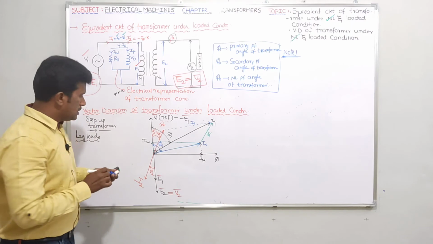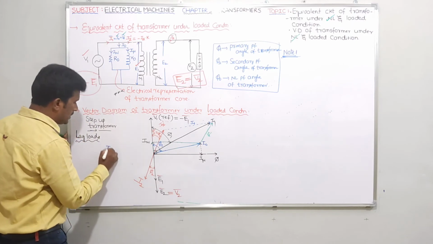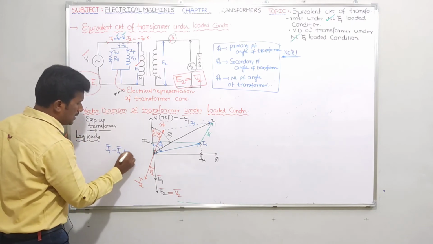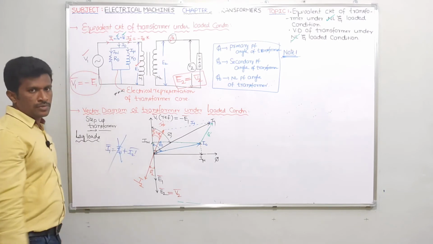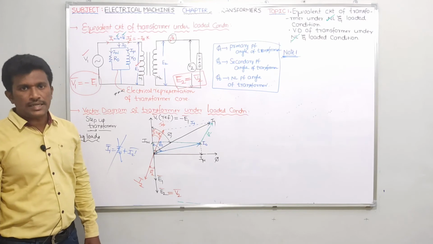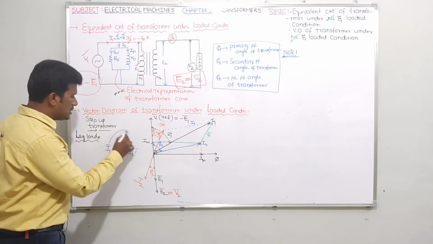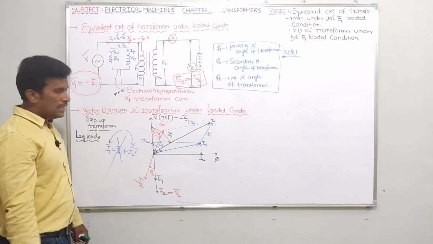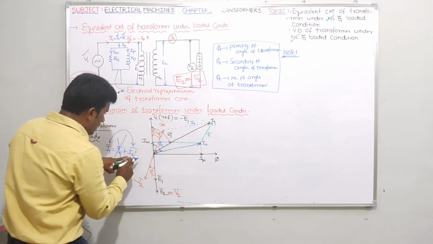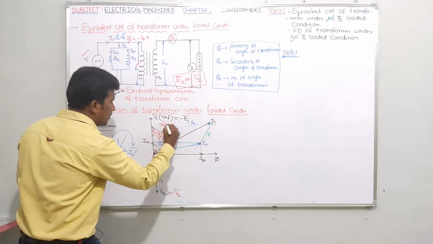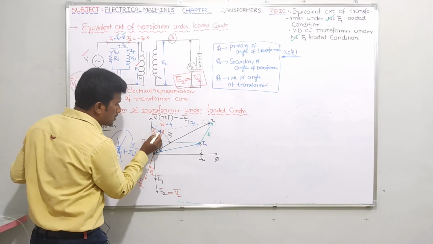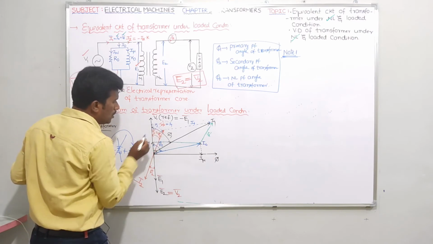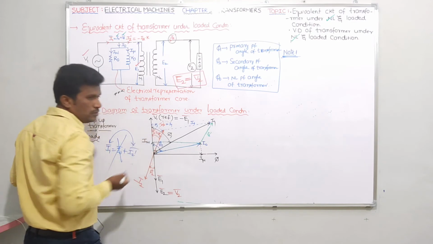Very simple thing. You know, I1 bar equals I0 bar plus I2 dash bar. Suppose you neglect the I0 current, at that time I1 is nothing but I2 dash only. That means in place of I2 dash I can write I1. And at that time the angle between V1 and I1, this portion, becomes phi 1, which is equal to phi 2.